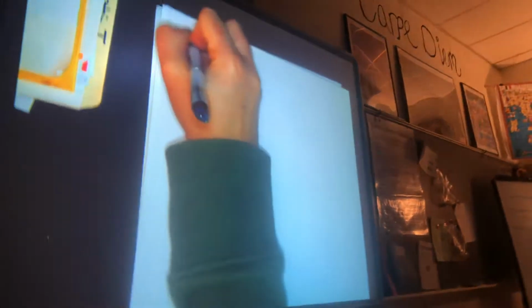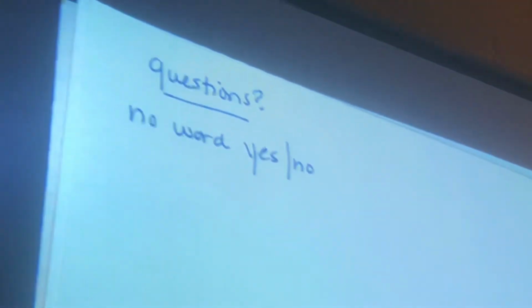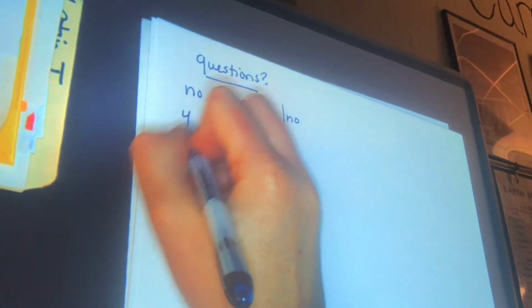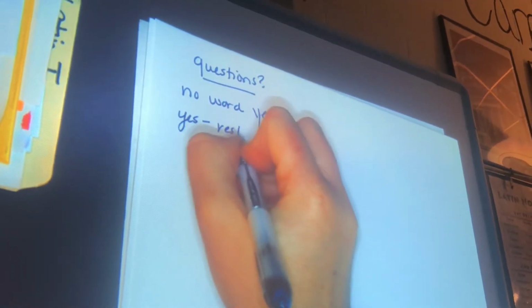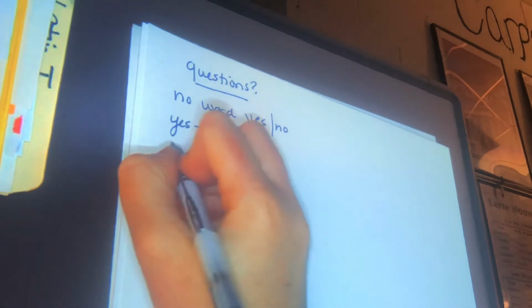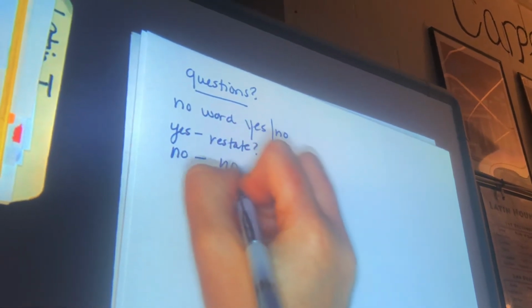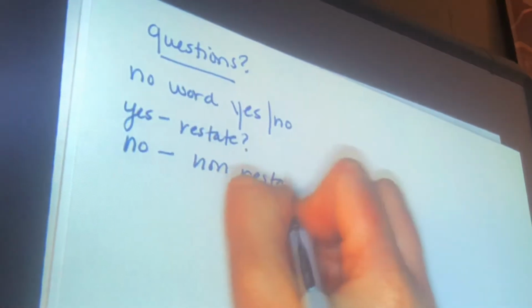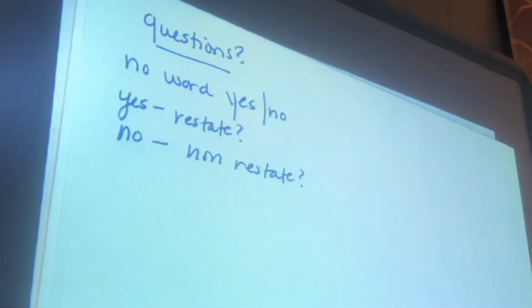So we know in Latin, when we are talking about questions, there's no word for yes or no, right? If you want to say yes, you just restate the question. If you want to say no, you put non and then you restate the question, right?